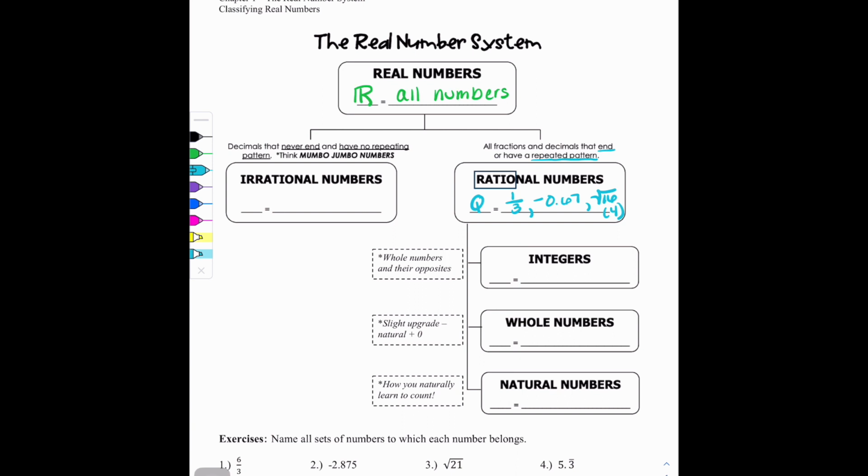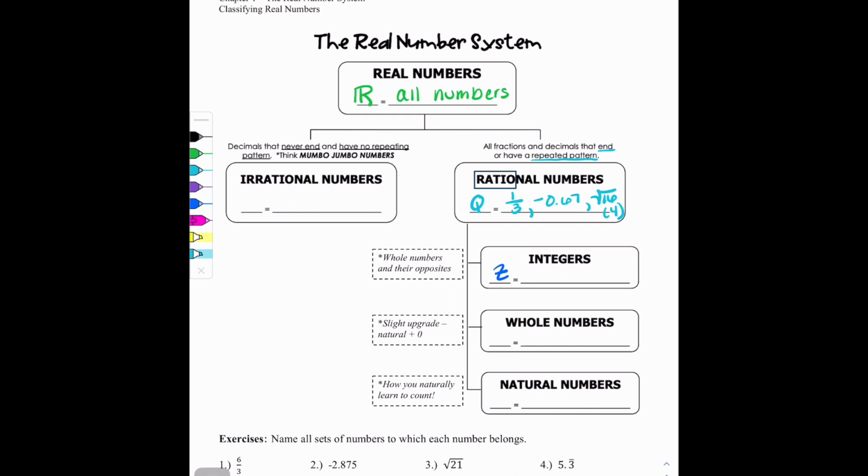Underneath rational numbers, which includes all the decimals and fractions, we have the integers. The integers are represented by the letter Z, and these are going to be all your whole numbers and their opposites. If we go down one more category, whole numbers are described as a slight upgrade from the natural numbers.